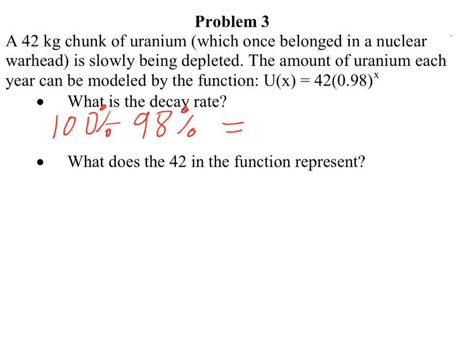Well, if you take 100% and subtract the 98, that's going to give you 2%. That is the decay rate. That's what percent is lost each year. Next part, what does the 42 in the function represent? Well, if you read this first part, the 42 chunk of uranium, that's the starting amount of uranium.